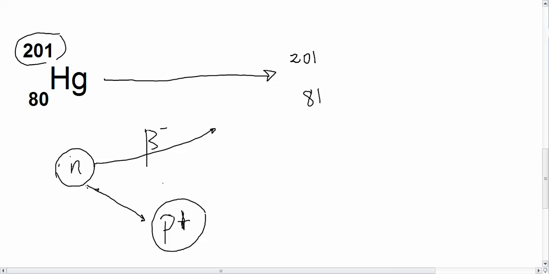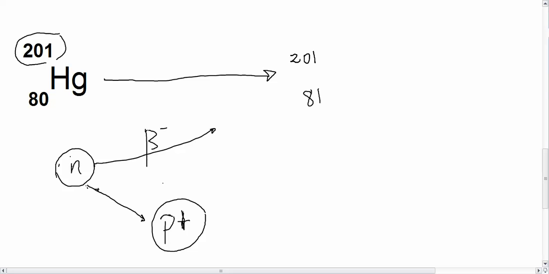I lost a neutron, but I gained a proton. So that evens out. So if I started with 80 protons, now I have 81, but I have one fewer neutrons than I did before because one of the neutrons changed its identity. So the total number of particles inside the nucleus stays the same.